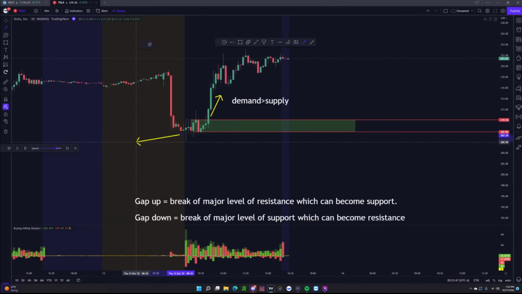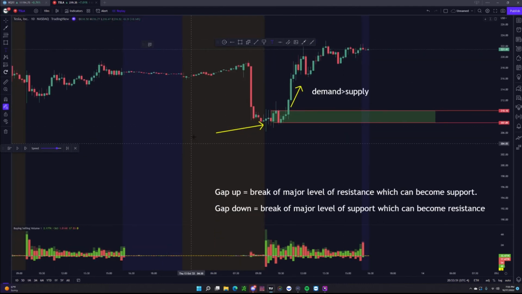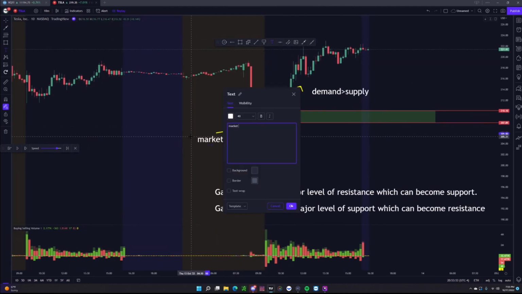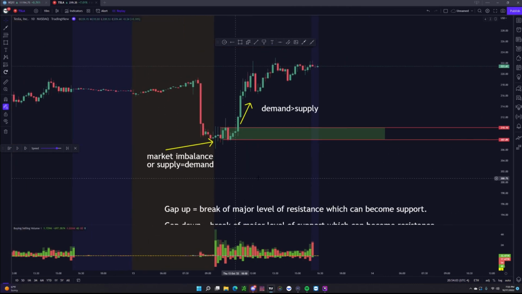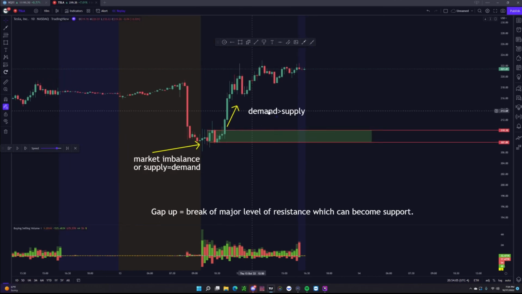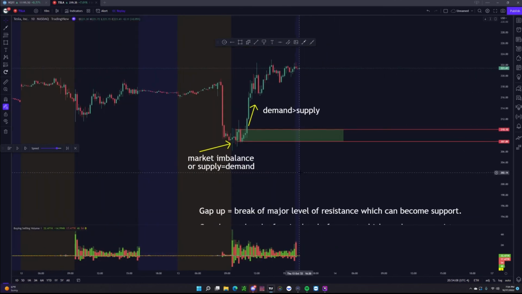This is where you have market imbalance or supply equals demand, right? Market imbalance or supply equals demand. Stock goes up. This is where demand is greater than supply.